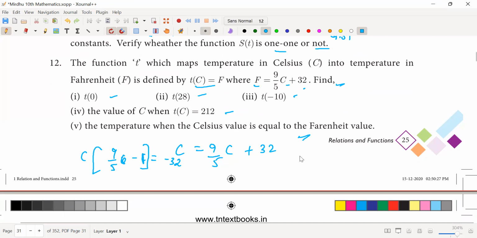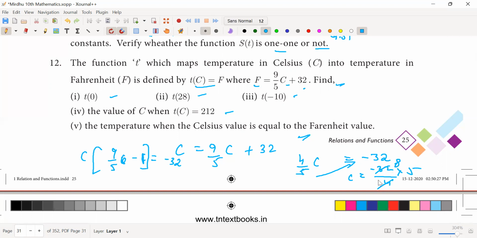That is 4 by 5 C equal to minus 32. 5 goes here, and 4 goes here. So C equal to minus 32 by 4 into 5, 8 times 5. At minus 40 degrees Celsius, both the Fahrenheit scale and the Celsius scale are the same. Okay. You just have to apply the concept.